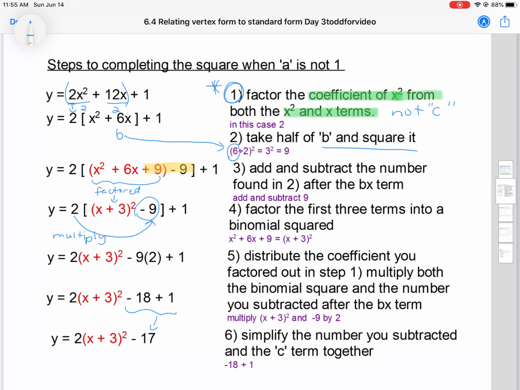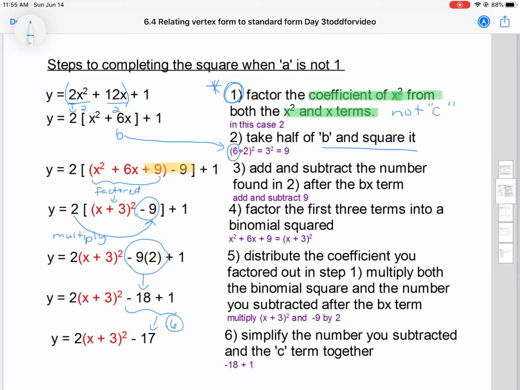I recommend that you write it out like this: write -9 times 2, and then simplify it to -18, and then collect like terms, or simplify. So this is step 6.